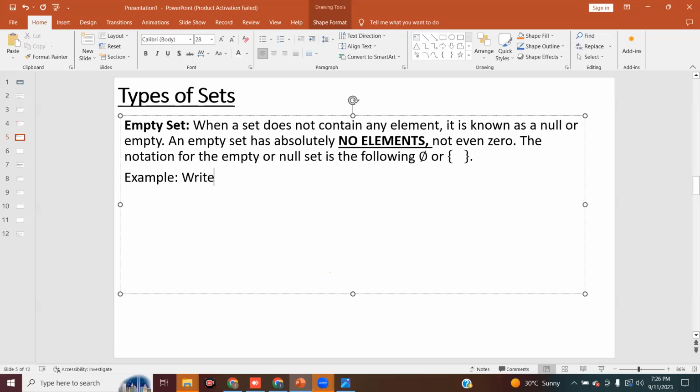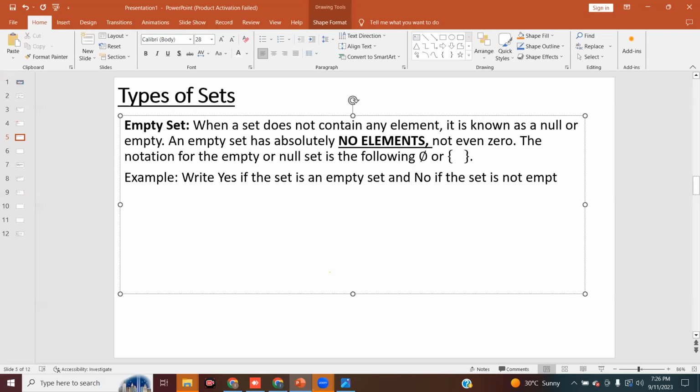So let's say we have, yes, if the set is an empty set, and no, if the set is not empty.